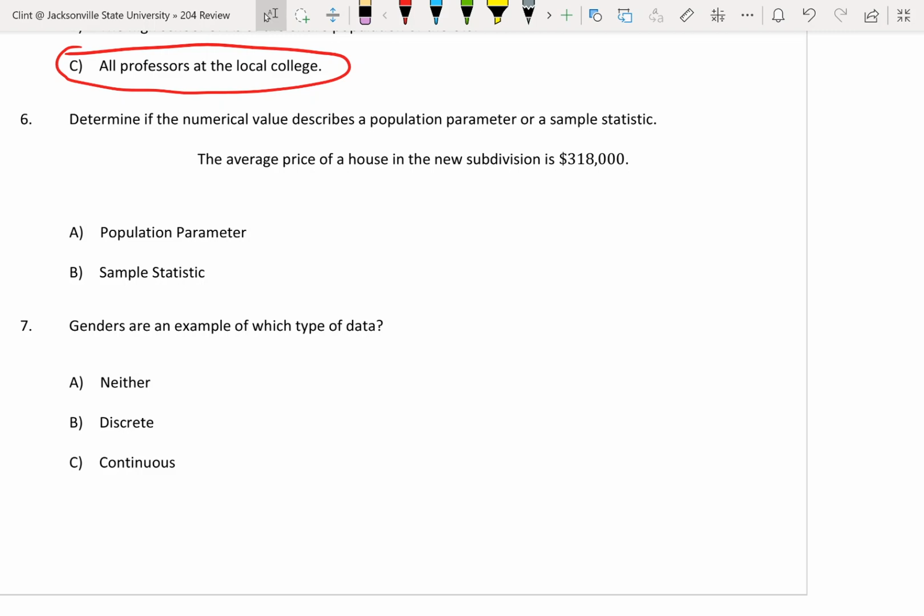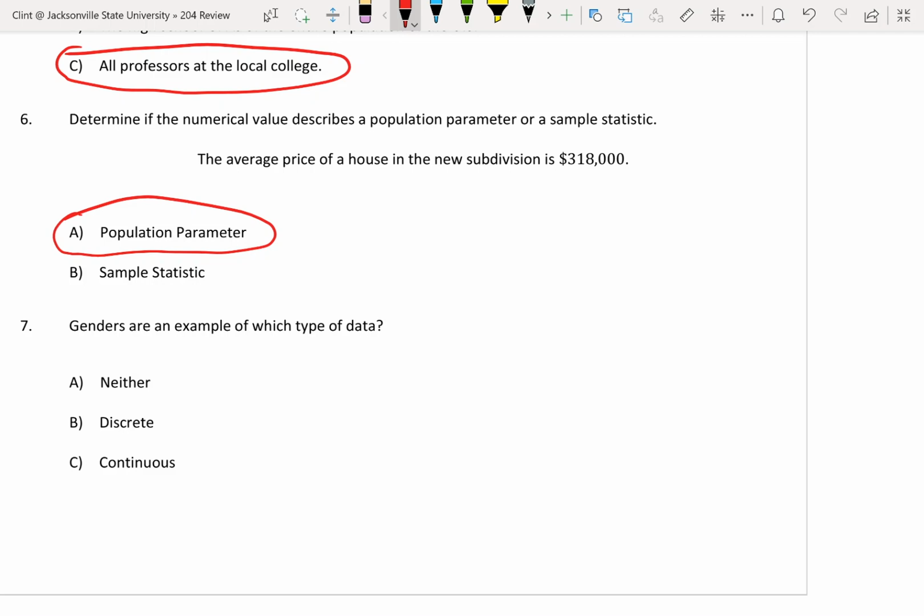In order for it to be a sample statistic, you'd have to have some information about a sample in there, like the average price of 10 out of the 50 houses in the new subdivision, something like that.